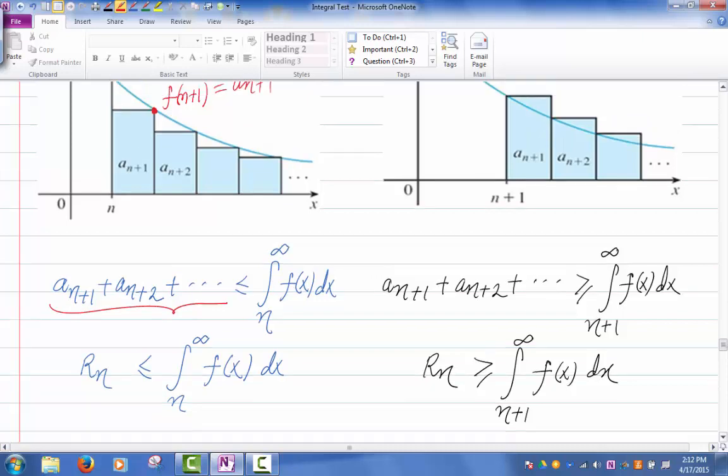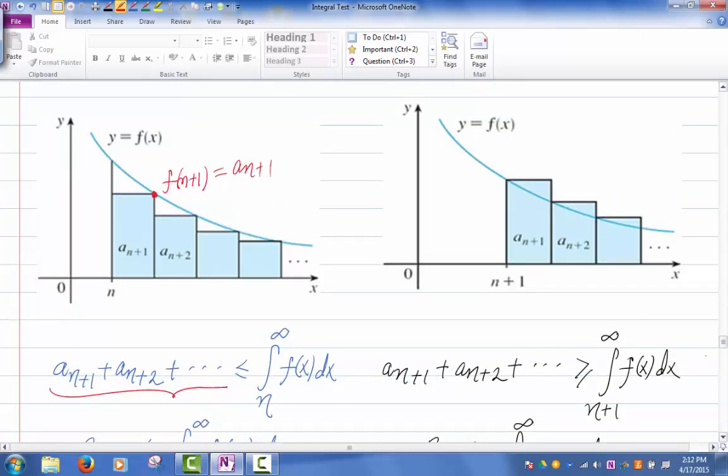Let's obtain a lower bound for Rn. So now my goal is to get a lower bound for Rn. How? Instead of starting at n, I am going to start at n plus 1, and I'm going to look at the interval from n plus 1 to infinity, divide the interval into subintervals of length 1 again. So I get n plus 1, n plus 2, n plus 3, and so on. On each subinterval, draw a rectangle where the height of the rectangle is the same as the height of the graph of f at the left-hand point.